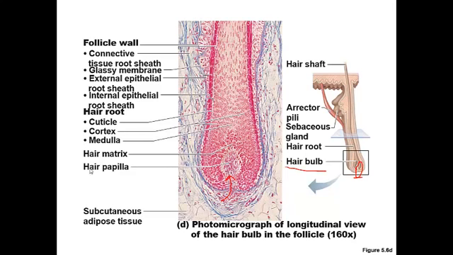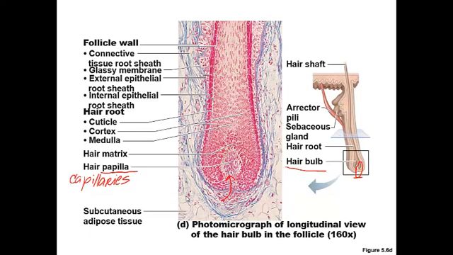And the very center of this is called the hair papilla. The papilla is a little bit of dermal tissue that is going to protrude up into the hair bulb. This is an important area because it's going to contain a knot of capillaries that are going to supply nutrients to the growing hair as it continues to grow.